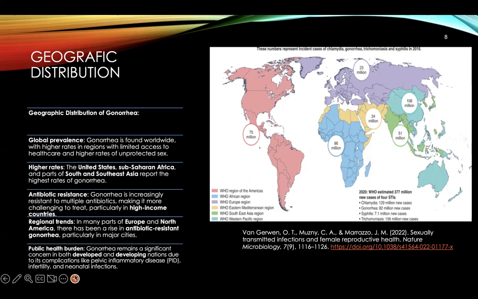It also can become a public health burden because gonorrhea remains a significant concern in both developed and developing nations due to its complications like pelvic inflammatory disease, infertility, and neonatal infections.